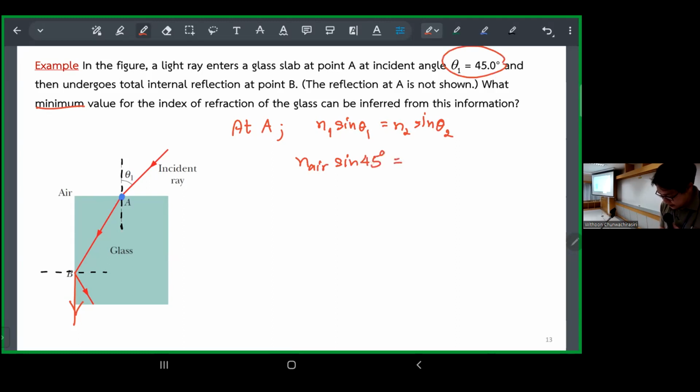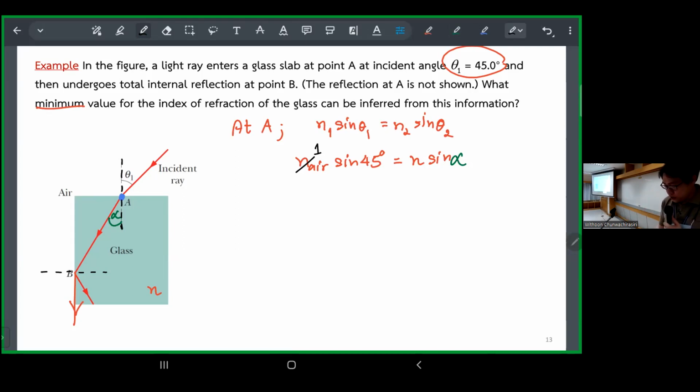Now you enter the glass. Let's say the glass has index of refraction n. So it's n, and then sine of, you don't know what it is, so let me call this alpha for now, because you don't know what the refracted ray is. Anything you know the value of, you can plug in. n of air is 1, and sine 45 you can put as square root 2 over 2.